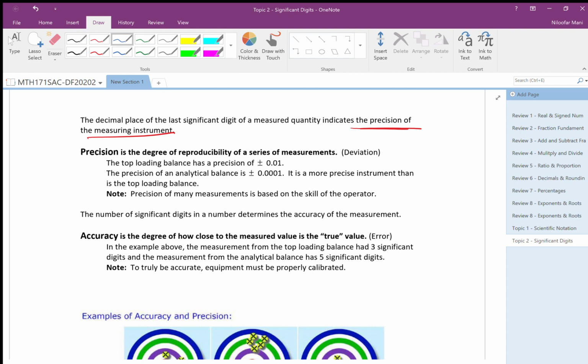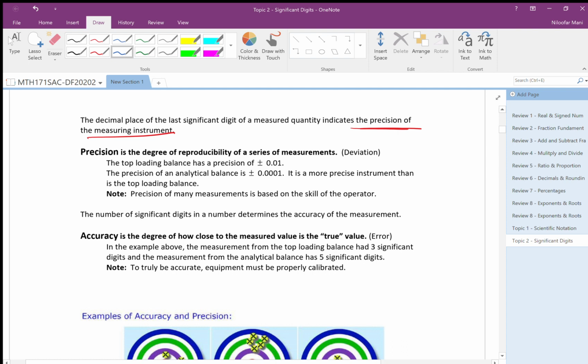That's precision. You will see this in the next math course as deviation. We say the deviation is low because the values are very close to each other. We will talk about deviation later.